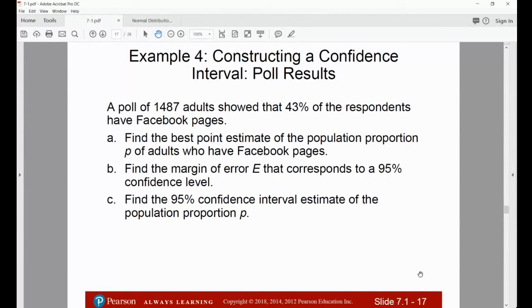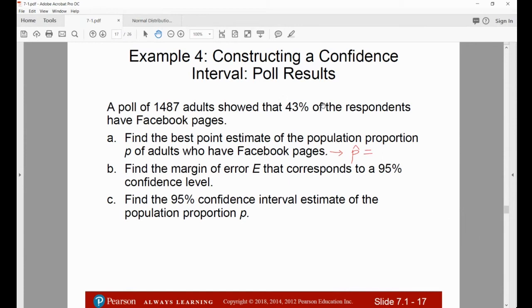We have the same problem from before. A poll of 1,487 adults showed that 43% of the respondents have Facebook pages. Find the best point estimate of the population proportion, P, of adults who have Facebook pages. Then find the margin of error corresponding to a 95% confidence level, and find the 95% confidence interval. So we already did part A. The best point estimate of a population proportion is the sample proportion.